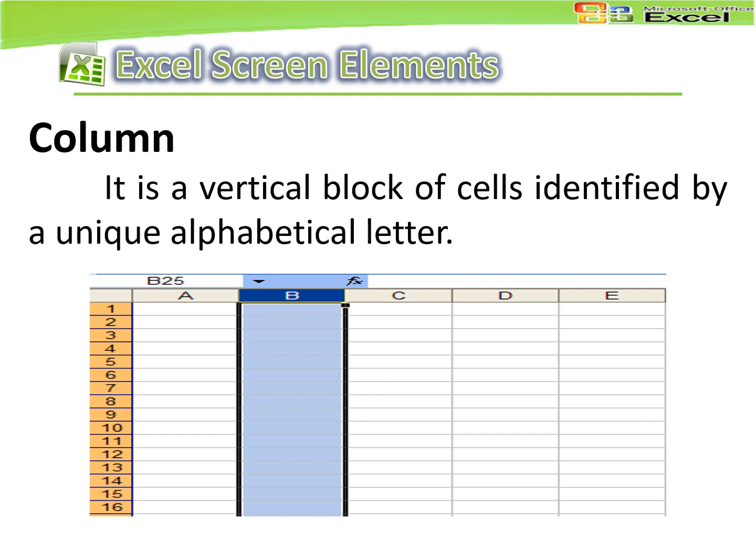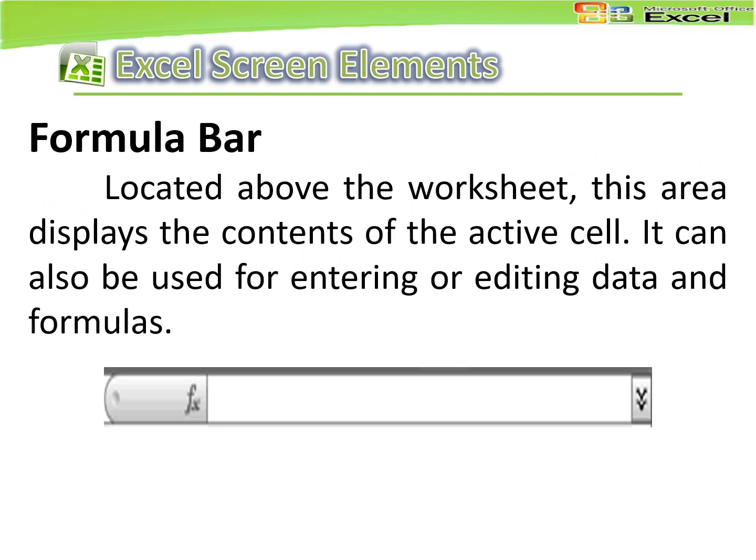It's a vertical block of cells identified by a unique alphabetical letter. And we have your formula bar located above the worksheet where it displays the content of the active cell. So it can be used also if you want to enter or edit data and formulas on your worksheet.